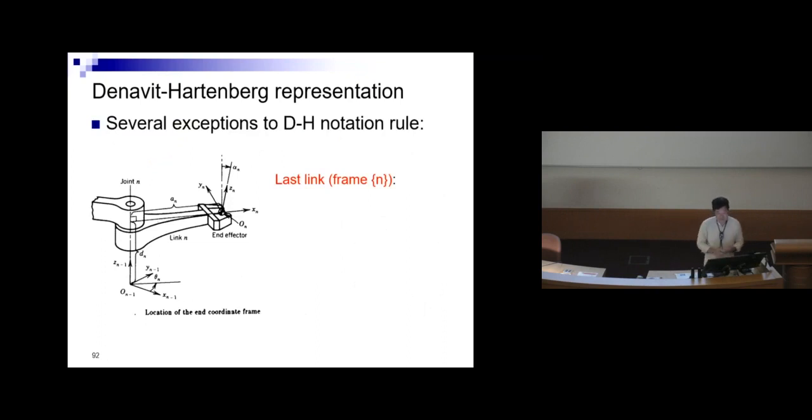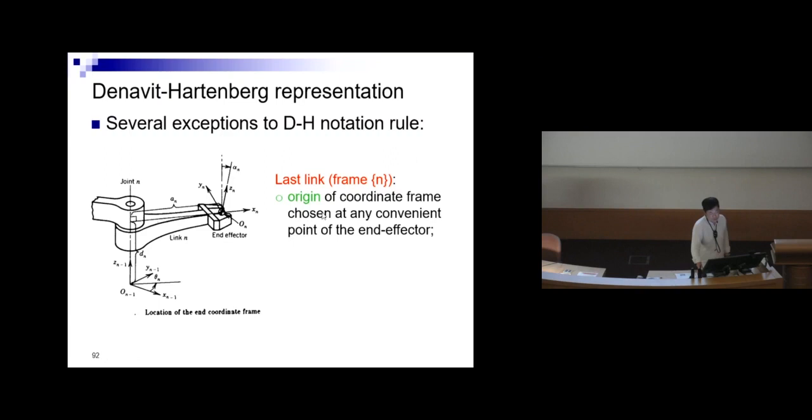So there are some exceptions to the DH notation rule that you need to pay attention to. For the last link, the frame n will be the last link. So this is the tool position. The origin of the end frame will be chosen at any convenient point of the end effector.